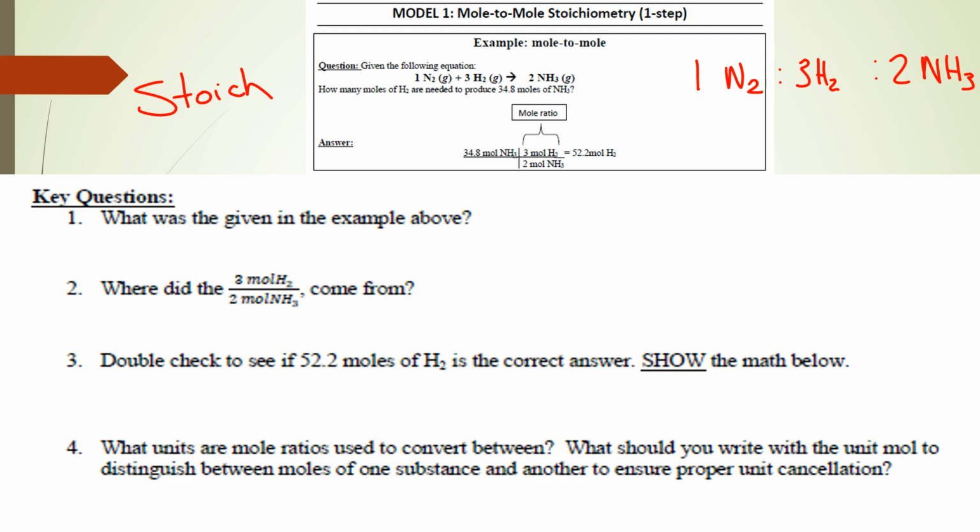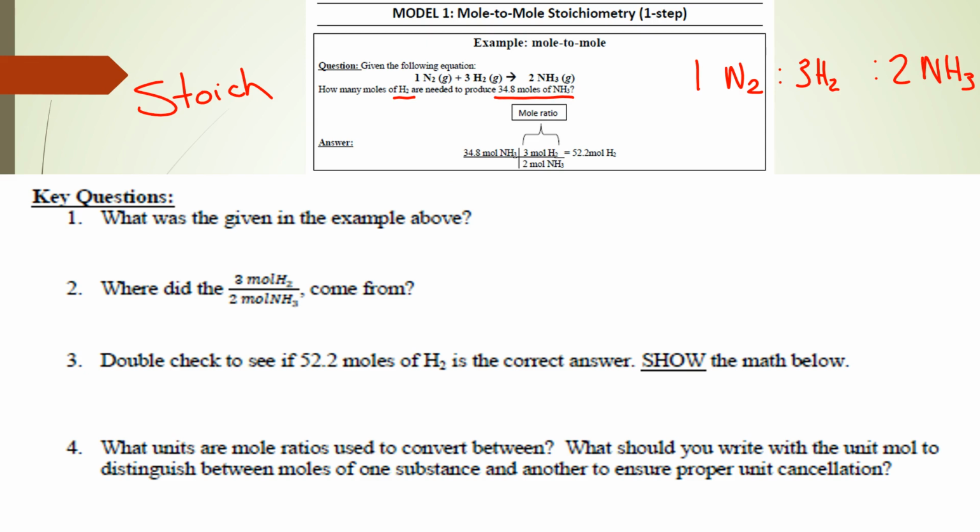So looking at this and trying to understand what's happening. It says, given the following information, nitrogen plus hydrogen yields ammonia, how many moles of H2 are needed to produce 34.8 moles of ammonia?